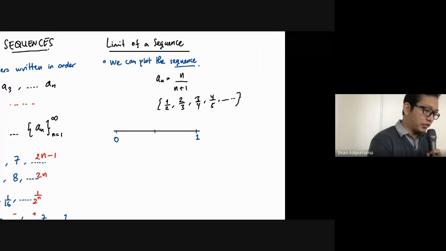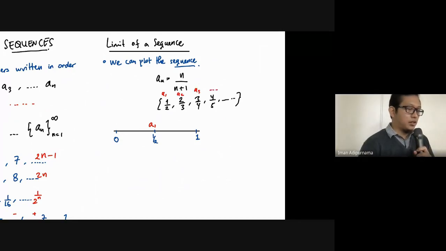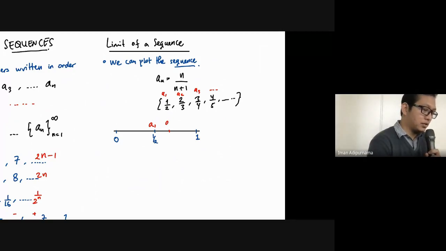If this is half, then this is a_1, right? This is a_1, a_2, a_3, and so on. And 2 over 3, maybe it's around here. And 3 over 4, maybe here. And 4 over 5, maybe here. And maybe here.